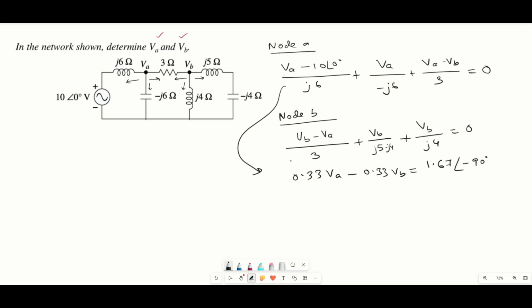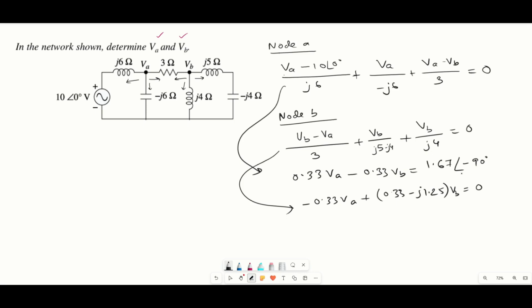And after simplifying this term, we have minus 0.33 VA plus (0.33 minus J1.25) VB equals 0. So this is the second equation. Now after solving these two equations, we can determine the values of VA and VB.